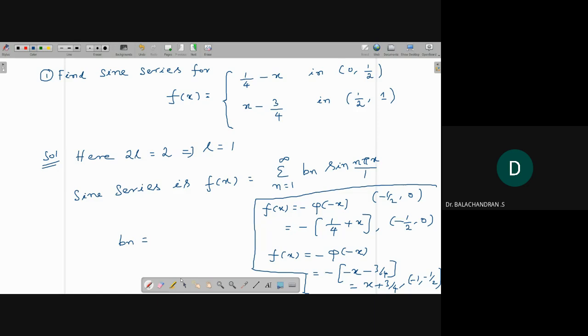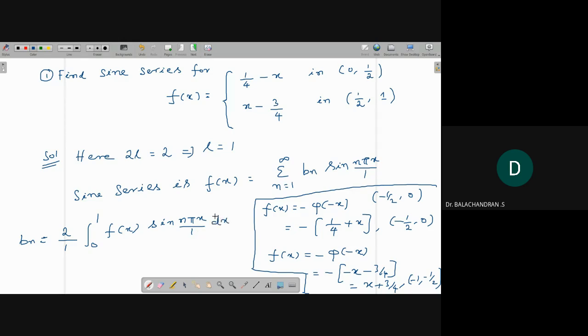So now I need to find b n. So b n equal to 2 by L, 2 by 1, integration 0 to L, L is 1, into f of x into sine n pi x by L, L is 1, into dx.